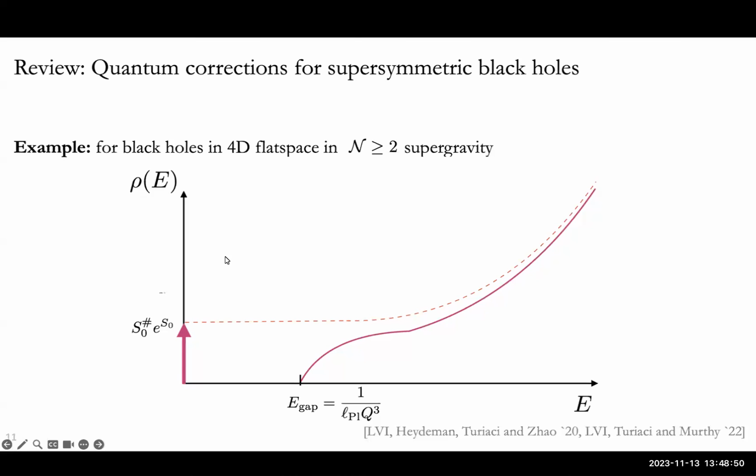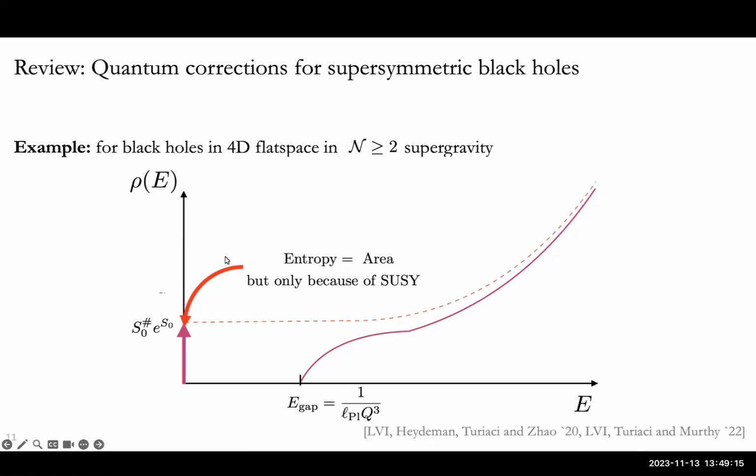Since S naught was given by the area of the extremal black hole, here you find that the entropy is approximately equal to the area, but only because you are studying supersymmetric black holes that had a different set of quantum fluctuations that conspired exactly in such a way for the density of states to give you a support at extremality.